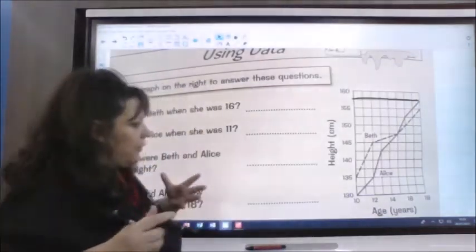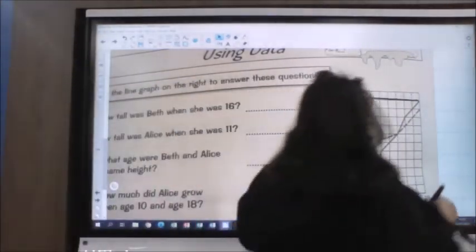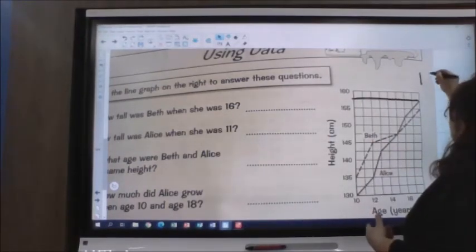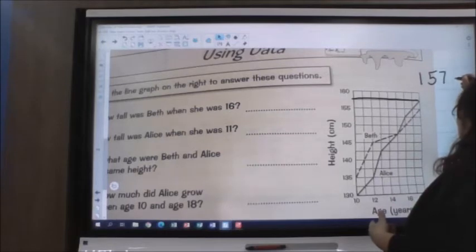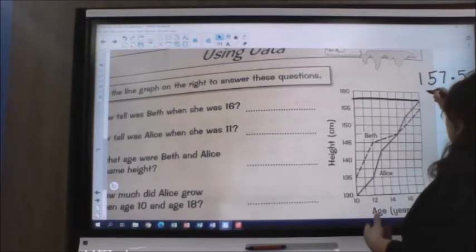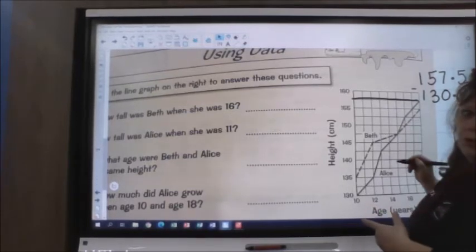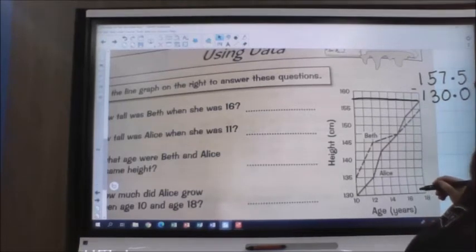So I need to work out the difference. So I would do here 157.5, take away 130. Now, so I can line it up, I'll put in my decimal point and I'll put in the 0 there.